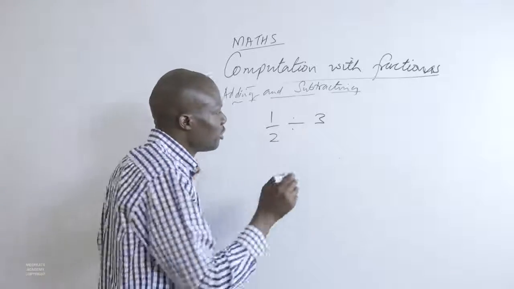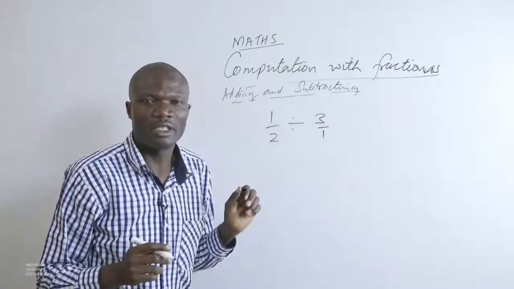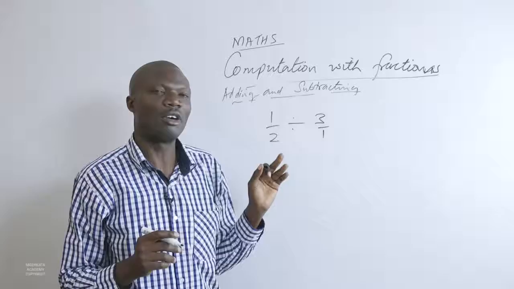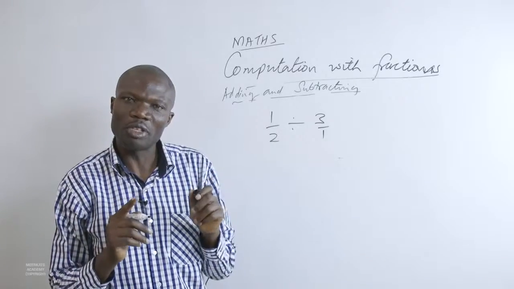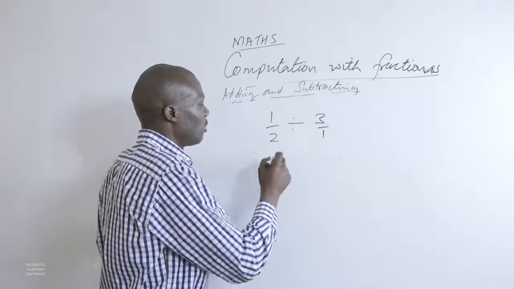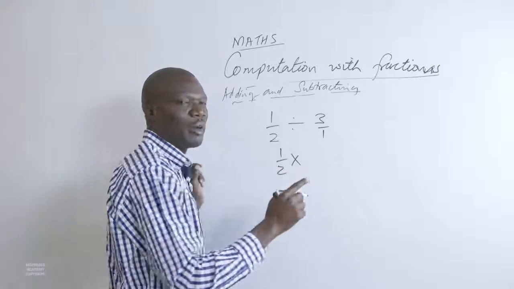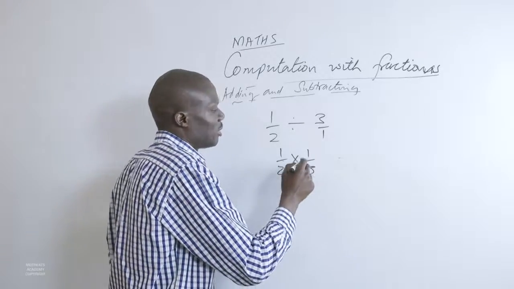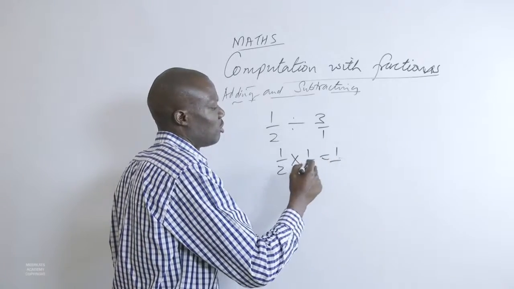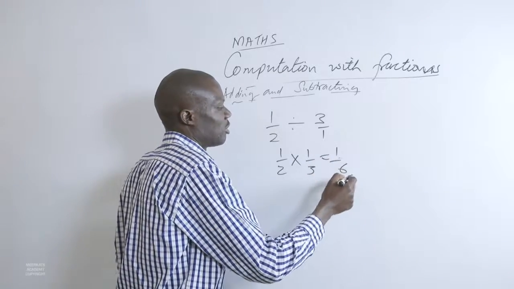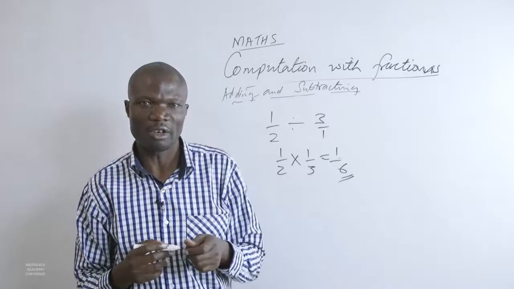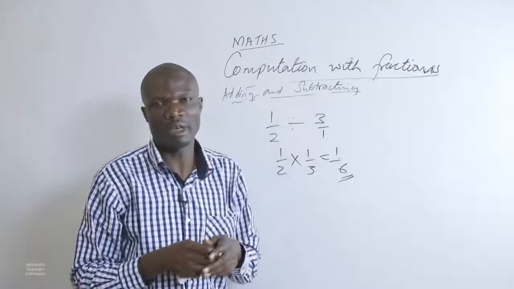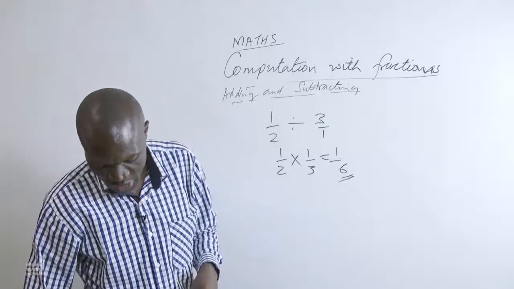So I've said you introduce a 1 like that, so it is 1 over 2 divided by 3 over 1. And then you multiply by the reciprocal, which is 1 over 2 multiplied by the reciprocal of 3 over 1, which is 1 over 3. So 1 times 1 is 1, 2 times 3 is 6. So this one becomes 1 over 6. You have swapped the numerator and the denominator so that you can multiply by the fraction that we have.